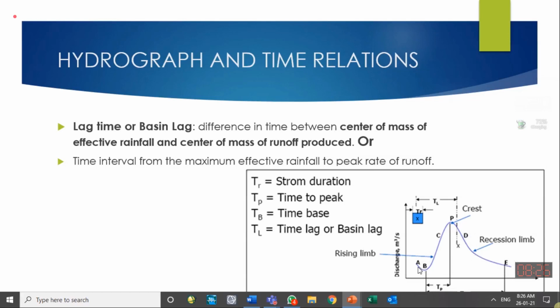So we draw a line using the freehand method in a curved manner till the peak, and then we draw a line freely up to the point of inflection of the recession limb.